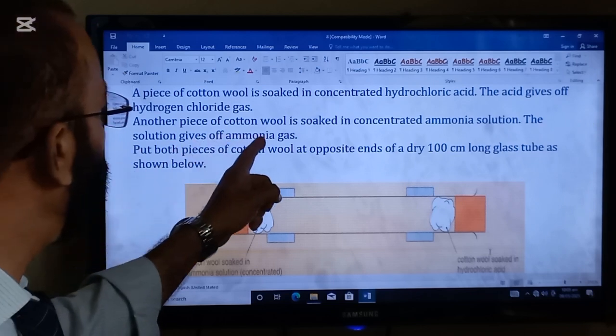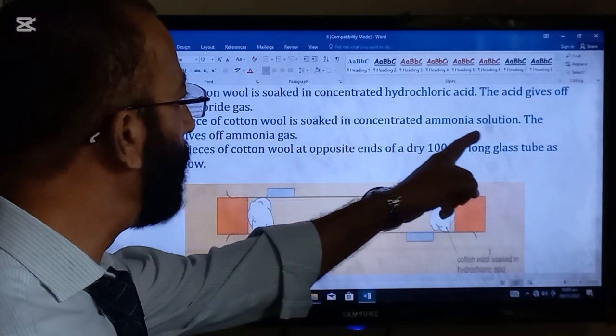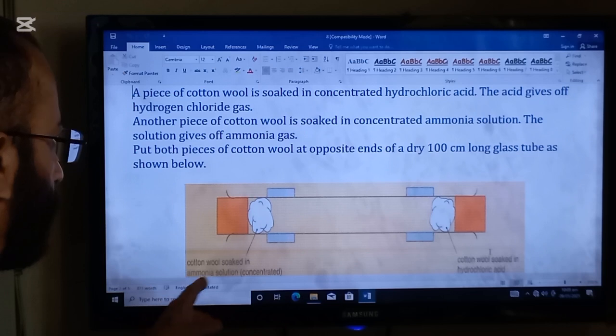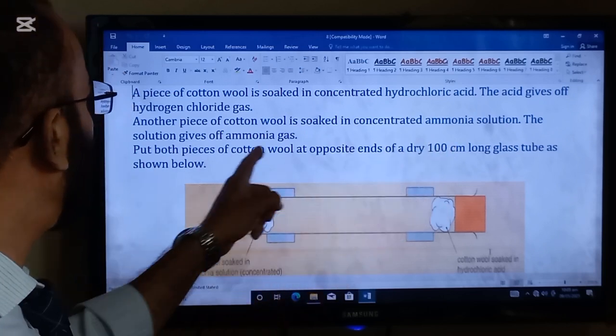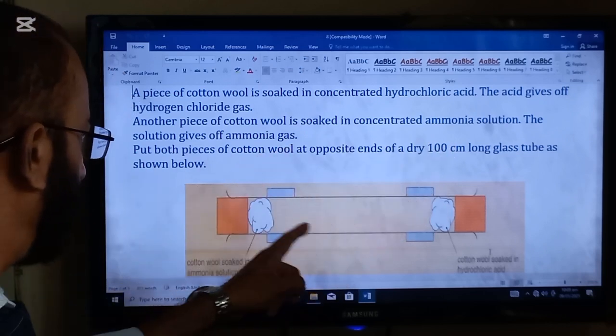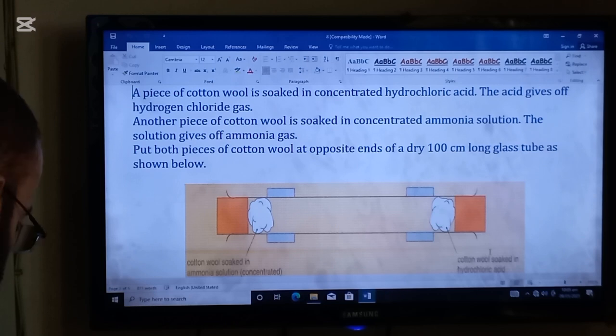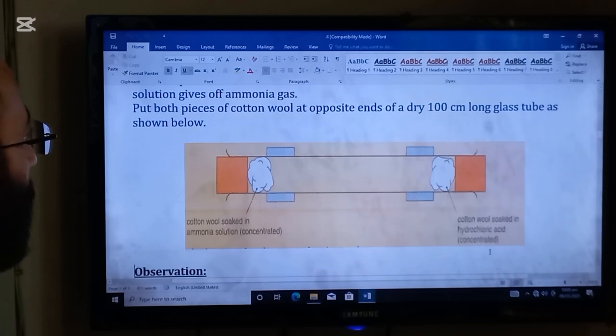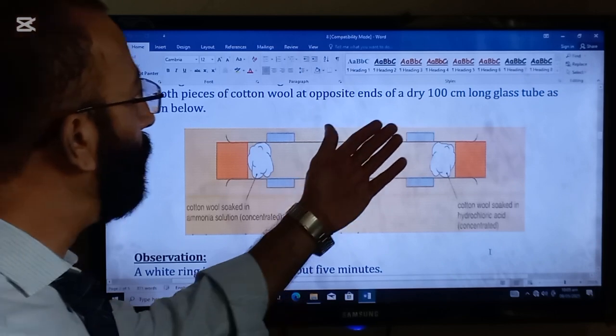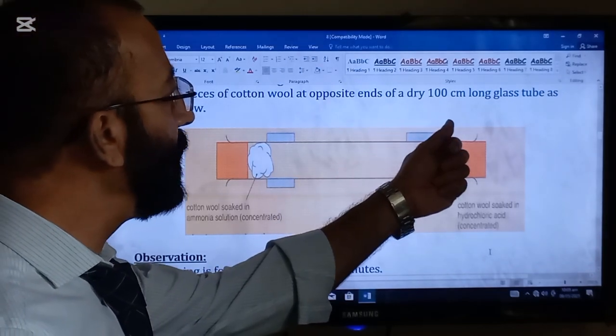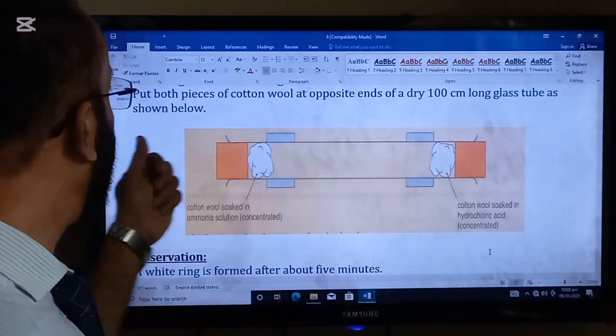Another piece of cotton wool is soaked in concentrated ammonia solution. The solution gives off ammonia gas. Put both pieces of the cotton wool at opposite ends of a dry 100 centimeter long glass tube as shown below.